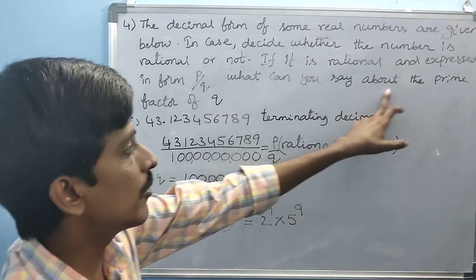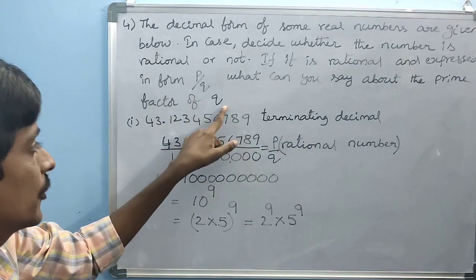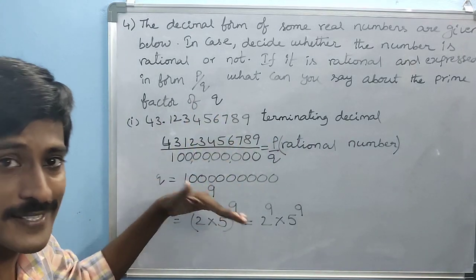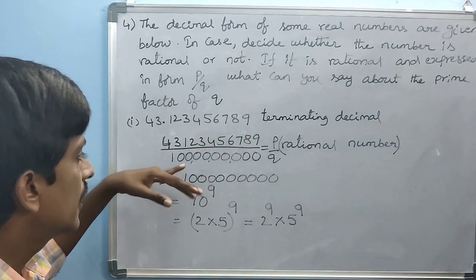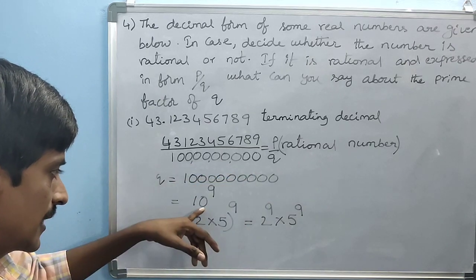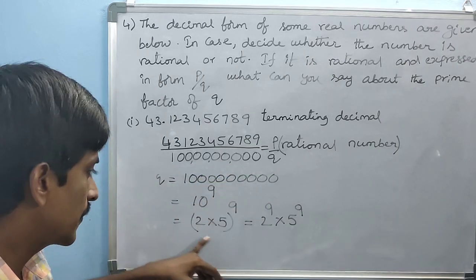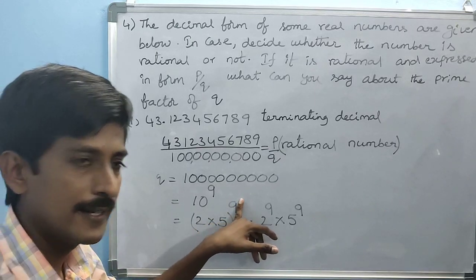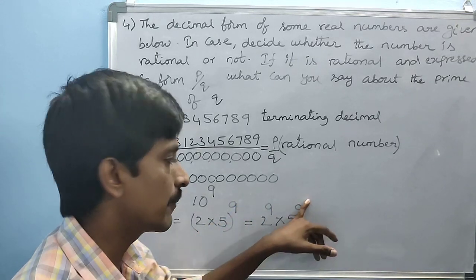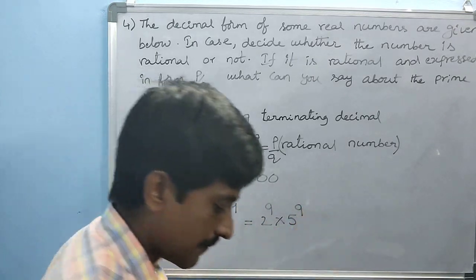Q means the denominator, which is 100 crores, that is 10 power 9, which is 2 power 9 into 5 power 9. This is the first sum.